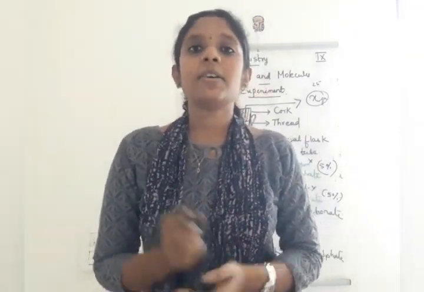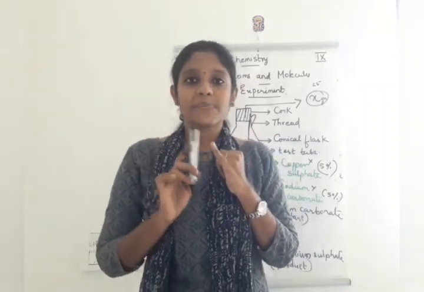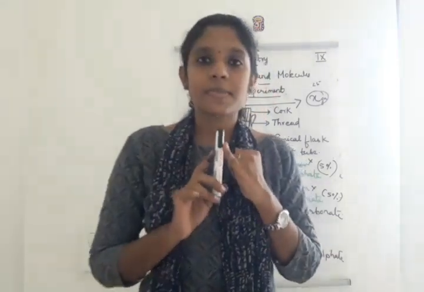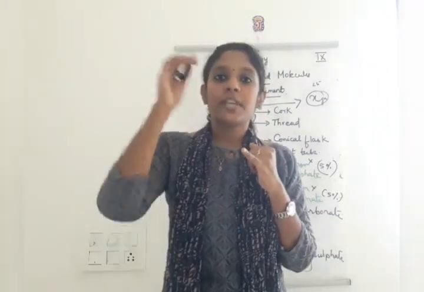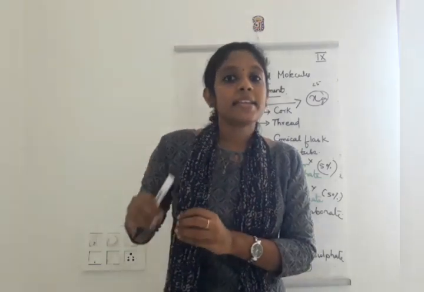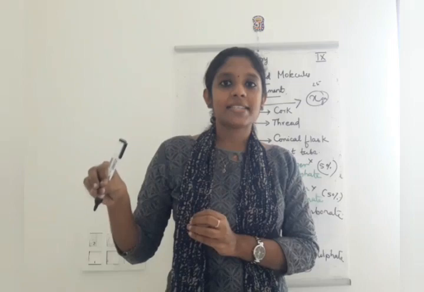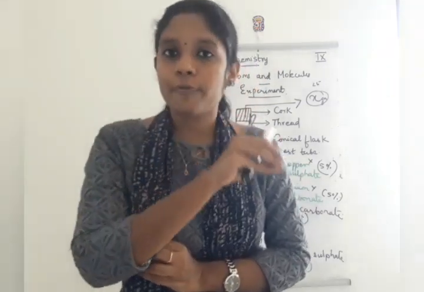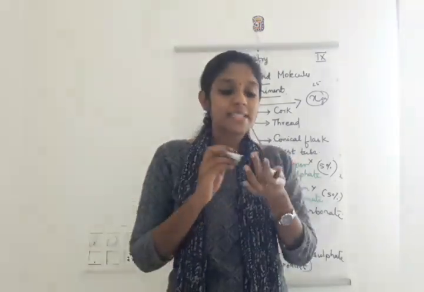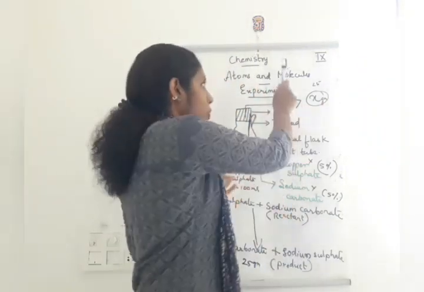So today we have learned what is matter. Matter is anything which occupies space and has mass or volume. When you divide the matter and reach a stage where the particle cannot be further divided, that is an atom. So an atom is the smallest entity of matter. An atom combines with another atom in a definite proportion, and that is called a molecule.